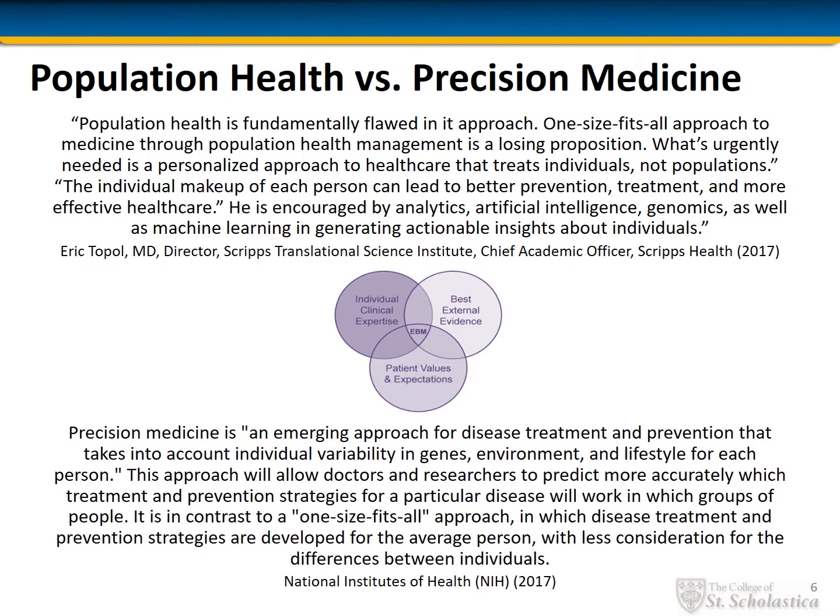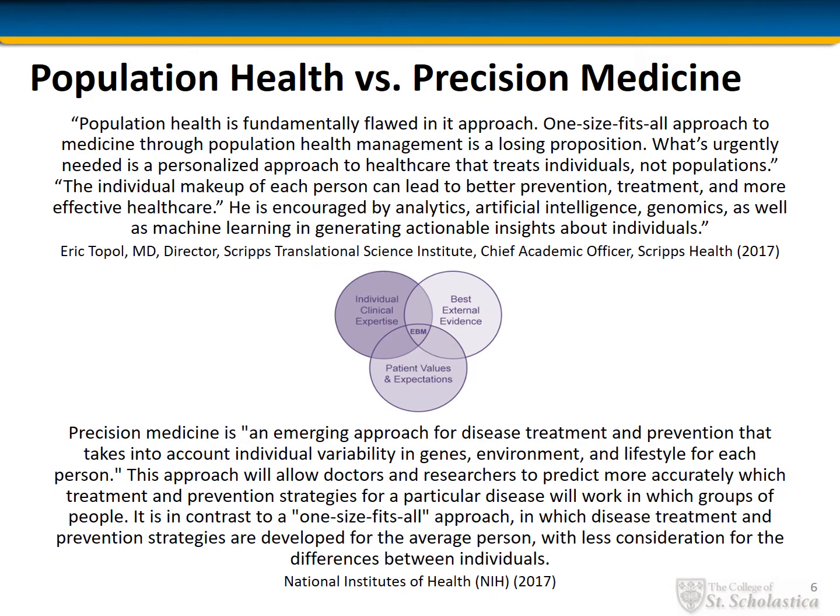The second quote on this slide is from the National Institutes of Health in 2017. "Precision medicine is, quote, an emerging approach for disease treatment and prevention that takes into account individual variability in genes, environment, and lifestyle for each person.